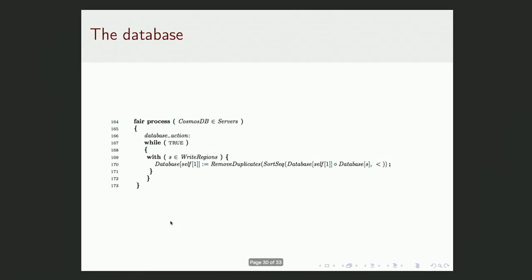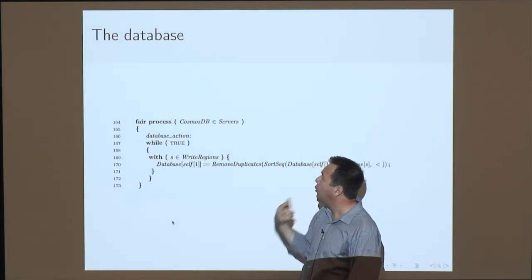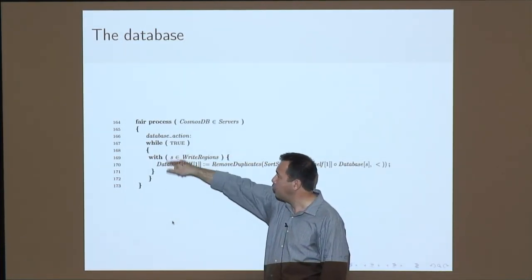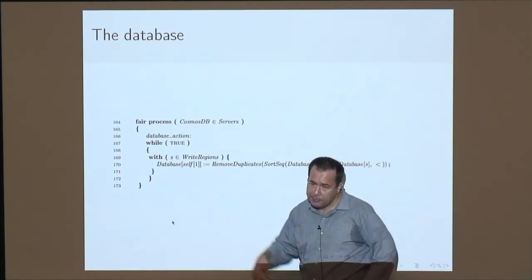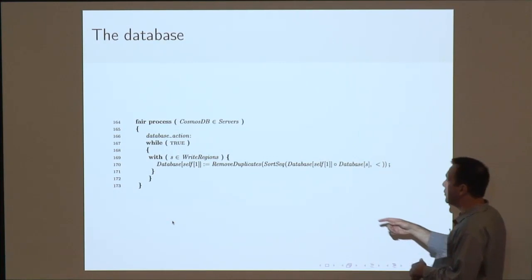Now, the database is really simple. It's a database at each region. So if I define 5 regions, there will be 5 processes all doing this. It's a while true loop again. The database is going to select another region's database, and it's going to do anti-entropy.